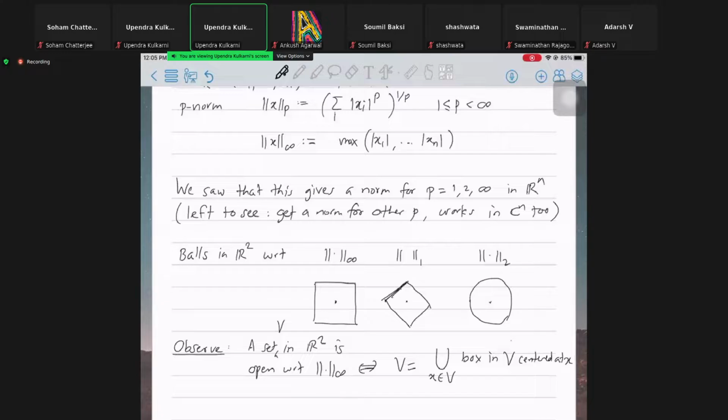I'm getting a metric. So if I have an open set, then I can put a box centered at each point inside that open set that is totally contained inside that open set.